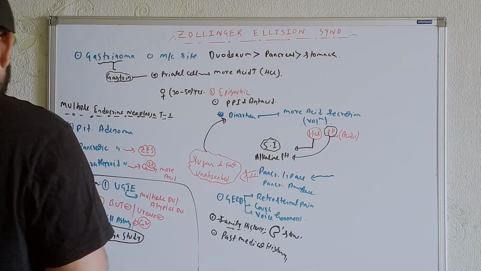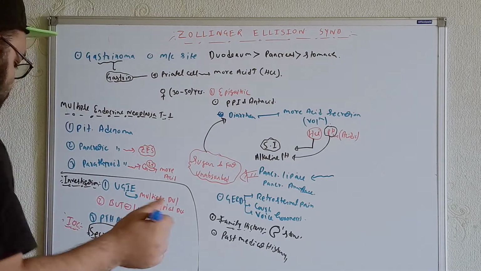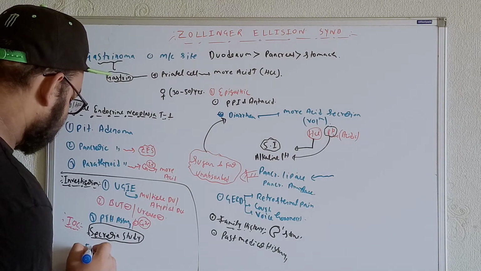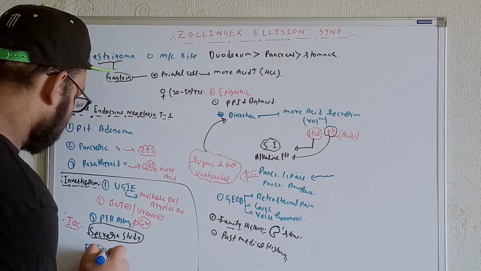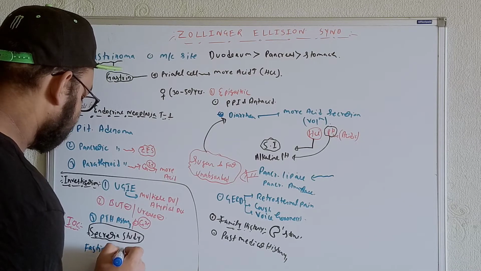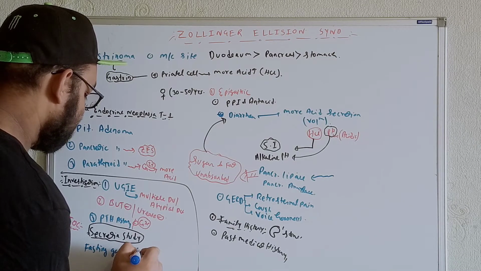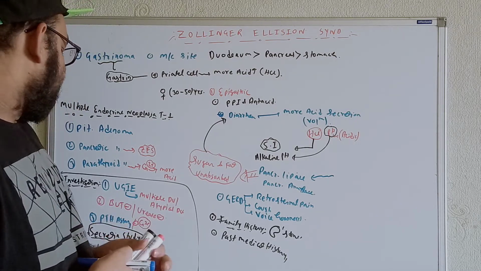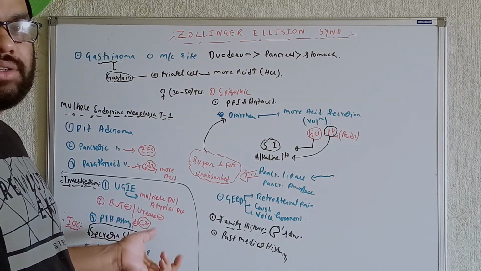Now another thing that we can use is the fasting gastrin level. Normally, you know that whenever we eat something, the gastrin level will be increased.